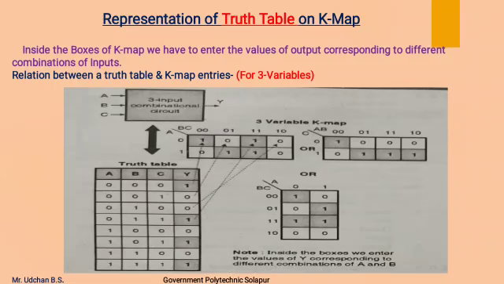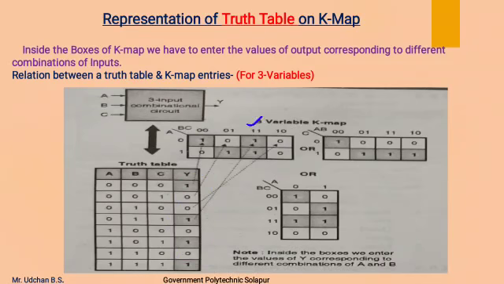Next we will see the representation of truth table onto the Kmap for 3 variable inputs. This is the truth table for 3 variables and we have to enter the values of these outputs into the Kmap.